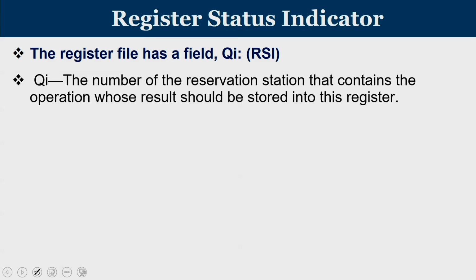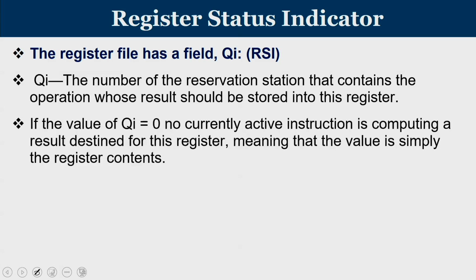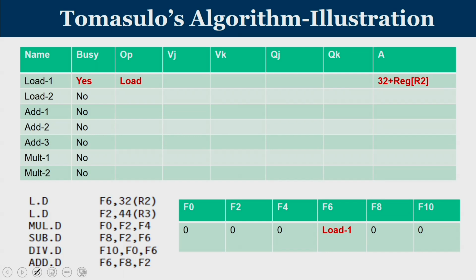Qi is the number of the reservation station that contains the operation whose result should be stored into this register. If the value of Qi equals 0, no currently active instruction is computing a result destined for this register, meaning that the value is simply the register content. So, if Qi equals 0, then the Ri value is available in the register file. If Qi is equal to n, then the Ri value will be updated by functional unit number n.